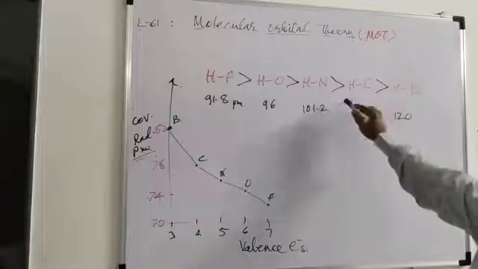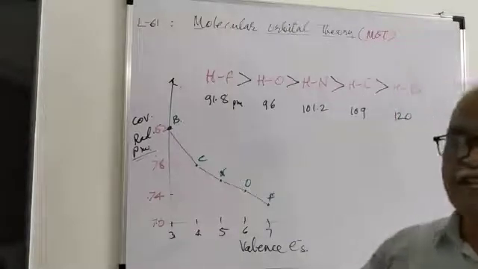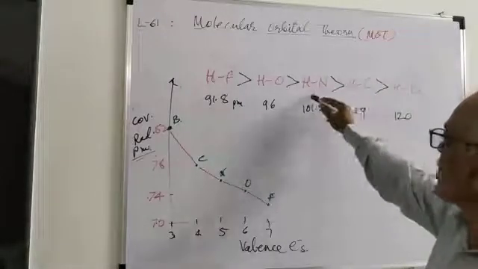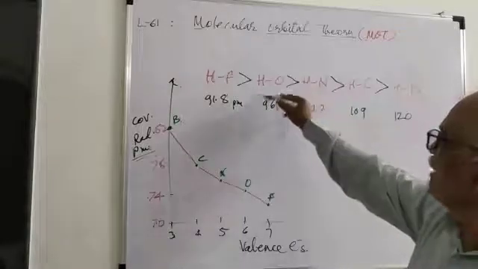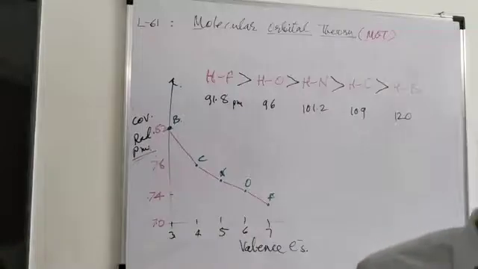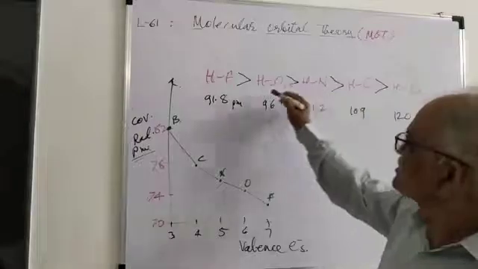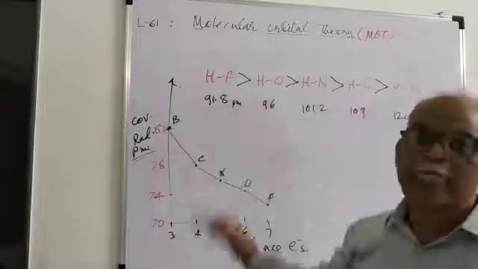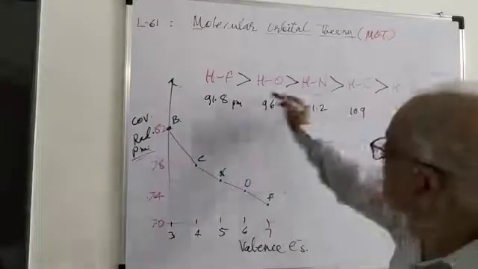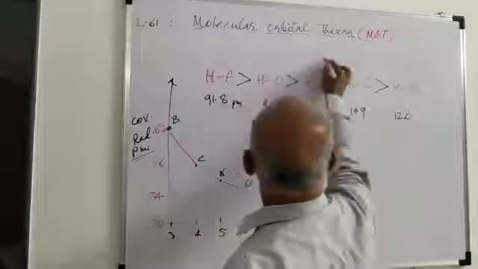Here you will have bonds having some additional character, meaning additional value. So it is more than 1. Here it is more than 2. Like this. Bond distance decreases in this direction because the number of bonds, or bond multiplicity, increases in this direction. So there is increasing bond multiplicity.